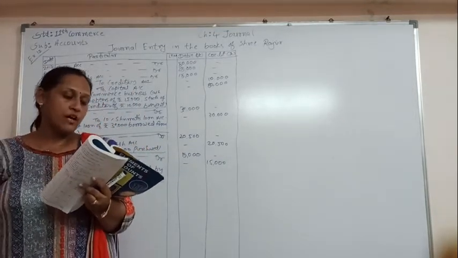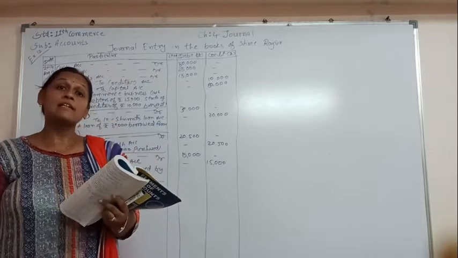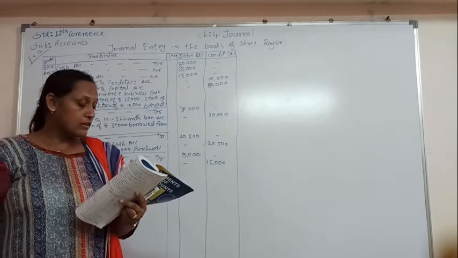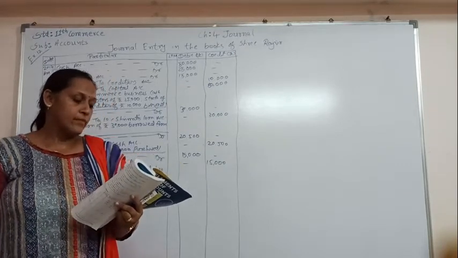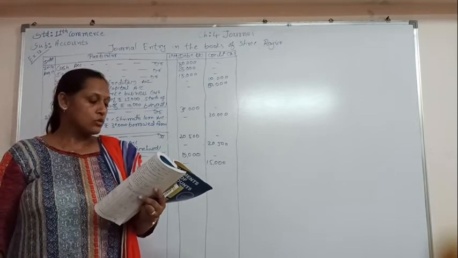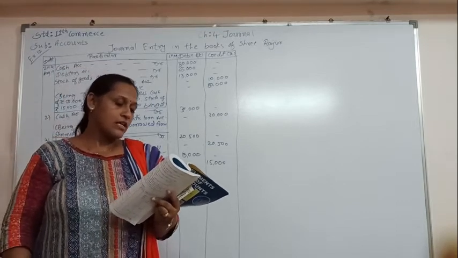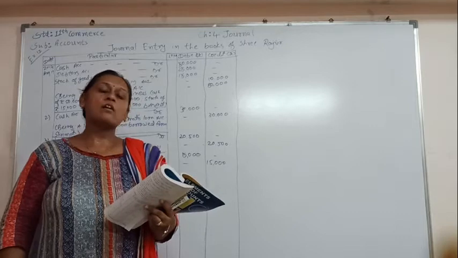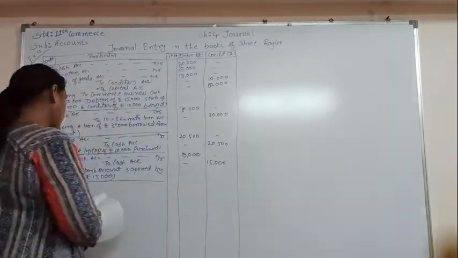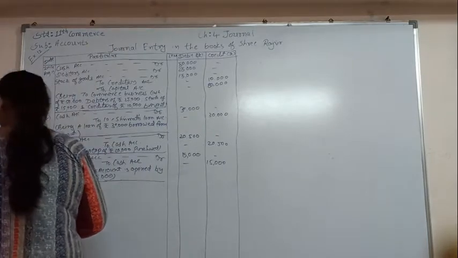So we have purchased goods of 27,000, 30,000 minus 3,000, so 27,000, and Royal Stores has paid on behalf of us 2,000 and 1,000. So here purchase account debit to Royal Stores account, that journal entry is supposed to be passed.